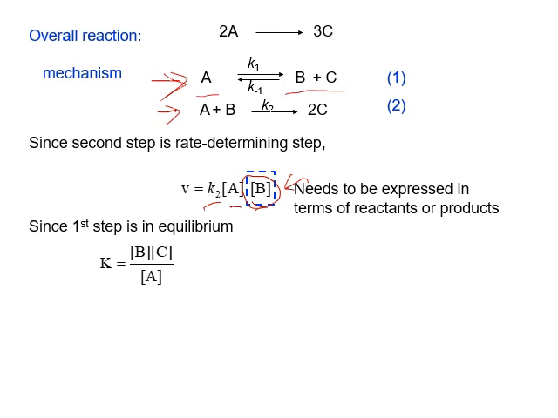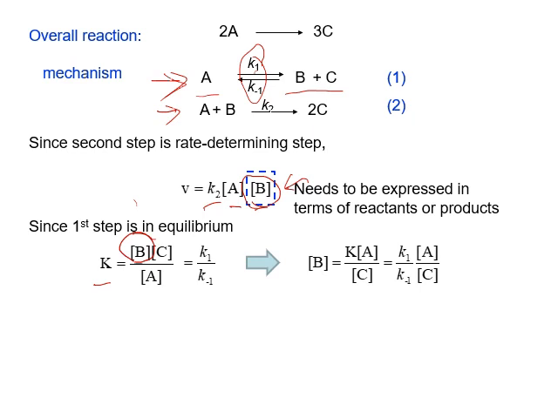All right. Now, in this case, equilibrium constant can be expressed as the rate constant, so forward divided by reverse, and we can solve concentration of B, all right, as K1 divided by K minus 1, A divided by C. And this goes back into this equation.